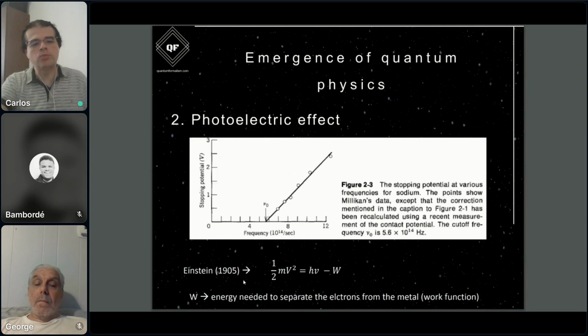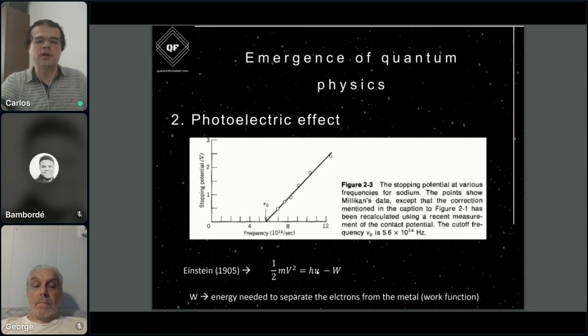And so Einstein proposed that these electrons are emitted with a kinetic energy of this type. m is the mass of the electron. And this is the difference of energy. So this is h nu, the quanta of energy that arrives here. And this is the energy necessary to have the electron ejection, the energy needed to separate the electron from the metal.